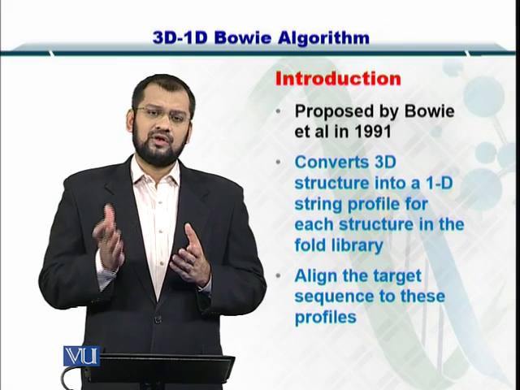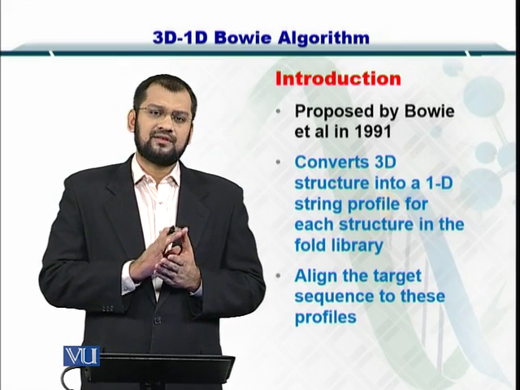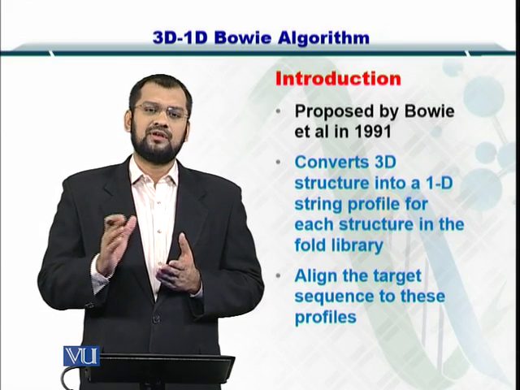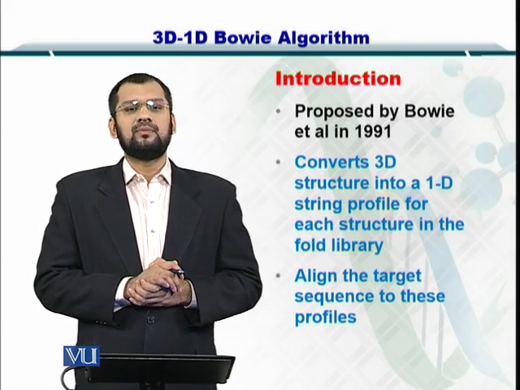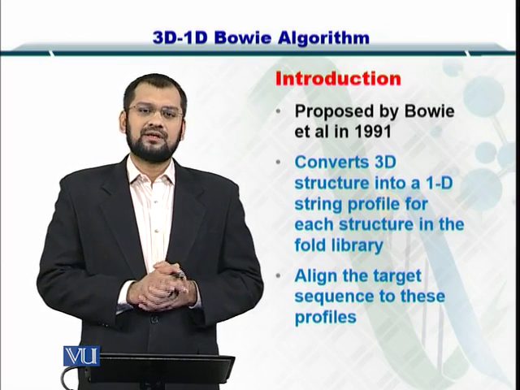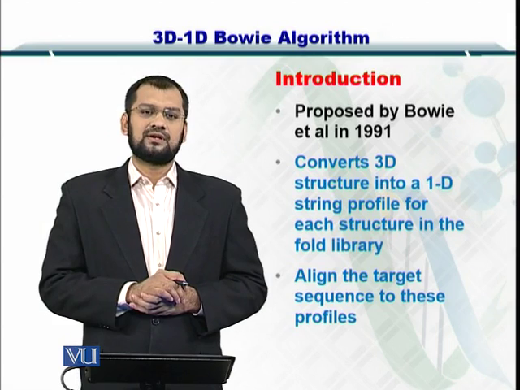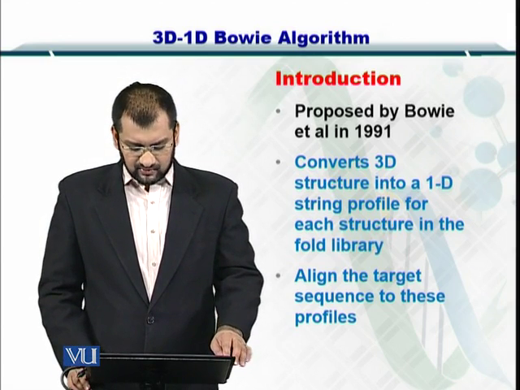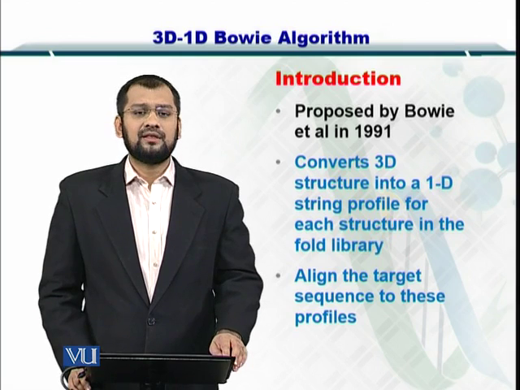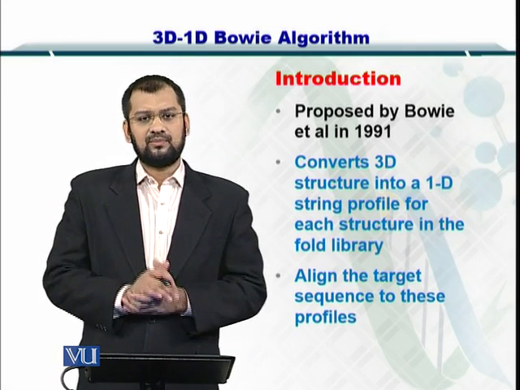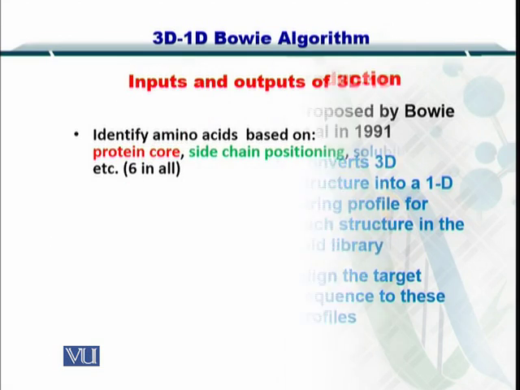And then you can compare this 1D array to all the amino acids within the sequence for which you want to predict the structure. So if you get a very good match, then you can declare that structure and successfully predict it. So to start with, you align the target, that is this sequence, to the 1D profile. So let's see how it works.